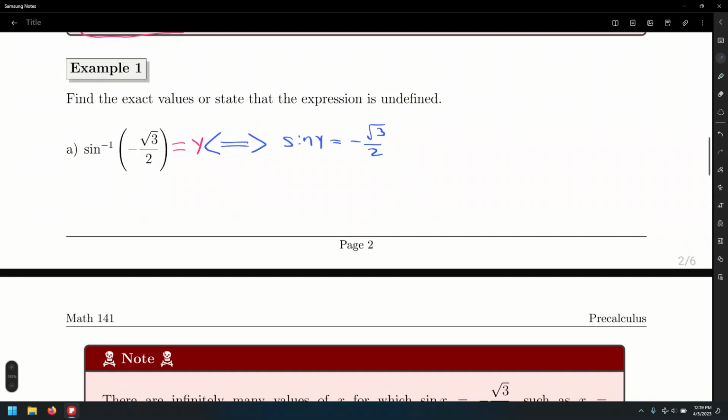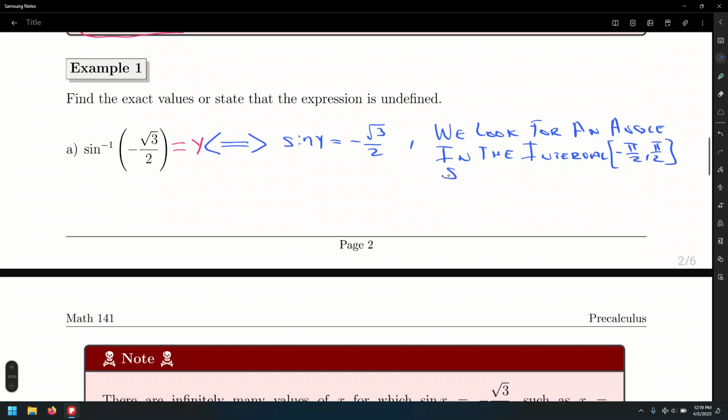So, number one, we look for an angle in the interval negative pi over 2 to pi over 2 such that sine y equals negative root of 3 over 2, for an angle y, because, yes, notation.